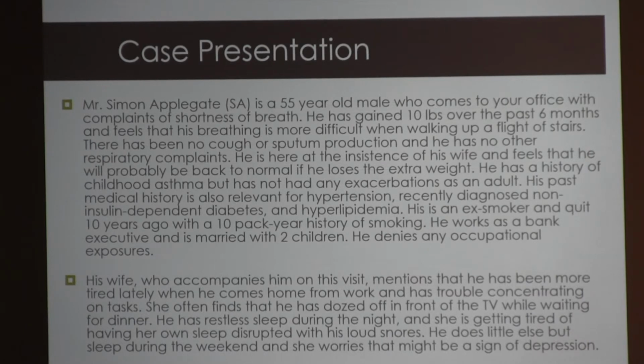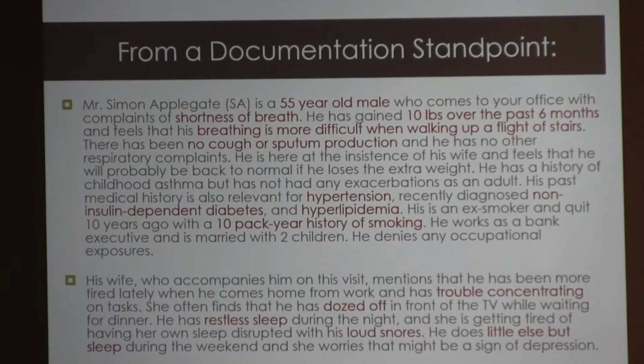So based off of what was written in this HPI thus far, here are some of the salient points. 55 years old, having a past medical history that's here: hypertension, insulin-dependent diabetes, and hyperlipidemia. There's some social history in here with the pack-year history. The history of presenting illness with a shortness of breath. Some more information that we would want: how long has it been happening for?